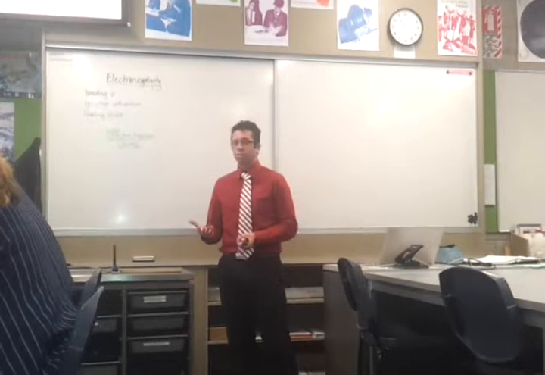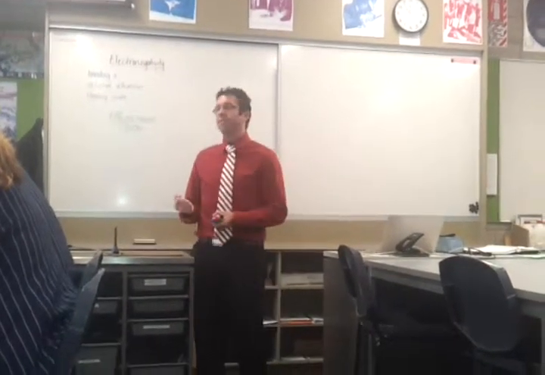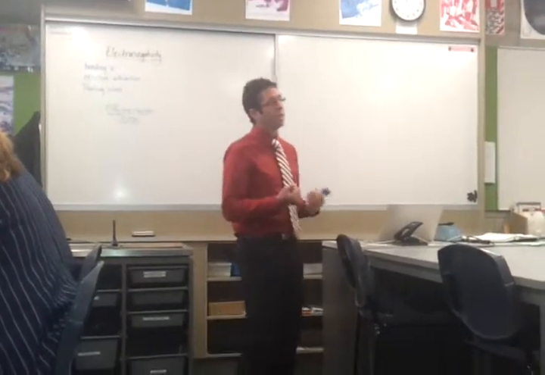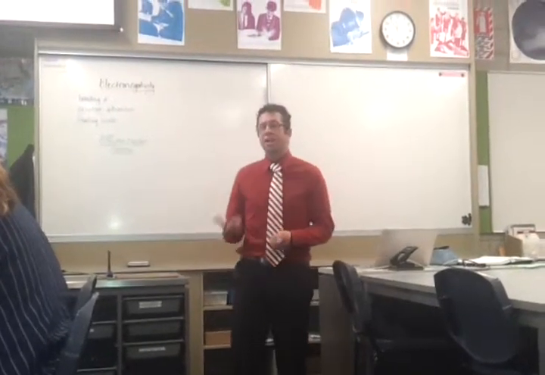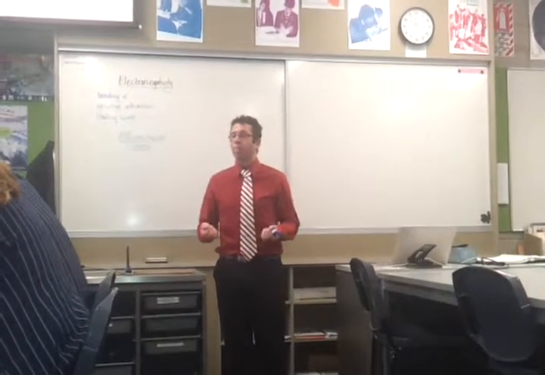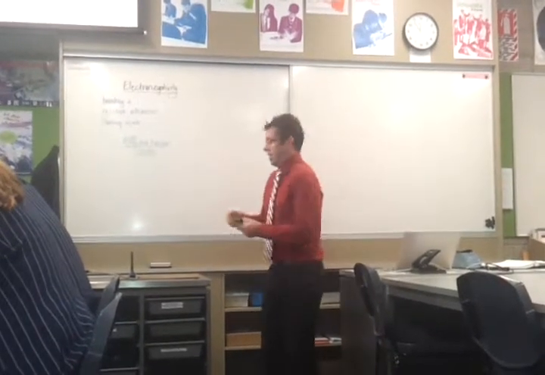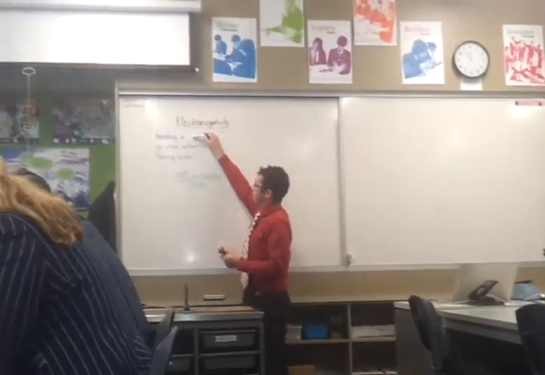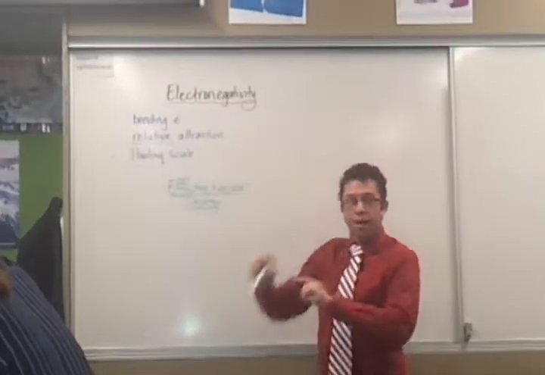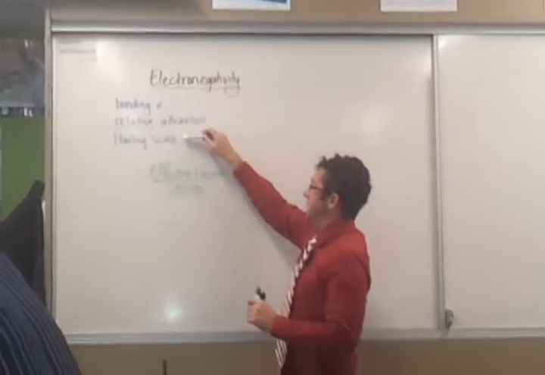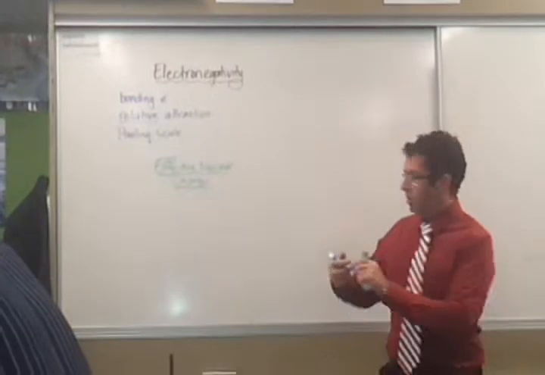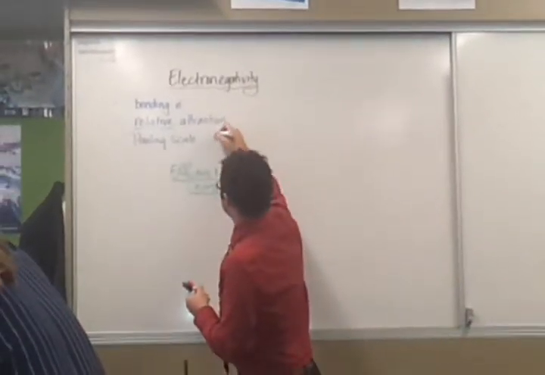That means that fluorine has a very strong attraction for any electrons when it's in a chemical bond with another atom. So the only other atom that really has what we call a non-polar bond with it is another fluorine atom. It's that electronegative. So just to summarise, we're looking at bonding electrons, we're looking at a relative attraction, so relative to the other atom, and it's measured on the Pauling scale, which goes from 0 to 4.0.